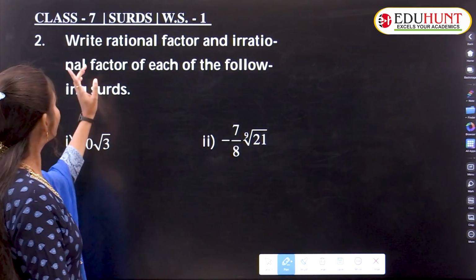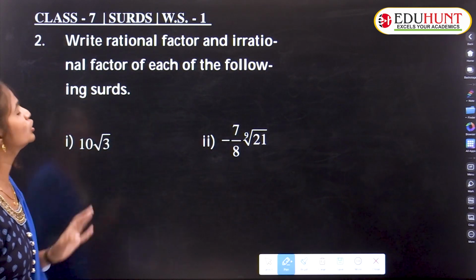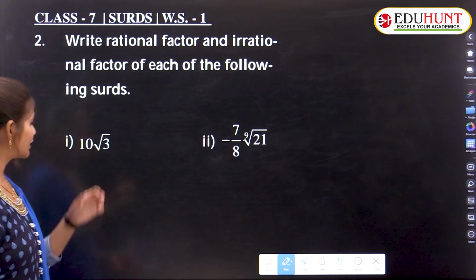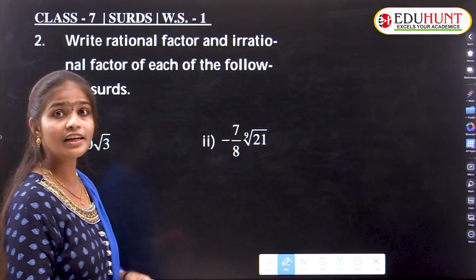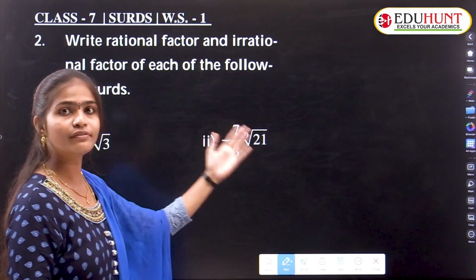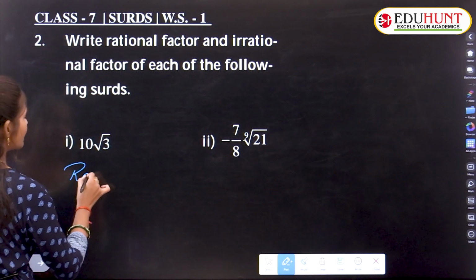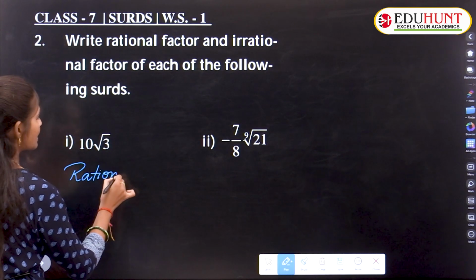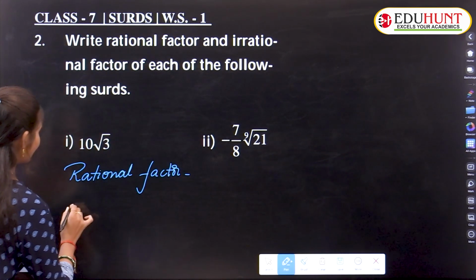The next question is: write the rational factor and irrational factor of each of the following surds. Actually they have given 2 surds here. From these we just have to identify which part is rational and which part is irrational. So first the rational factor, and here the irrational factor.